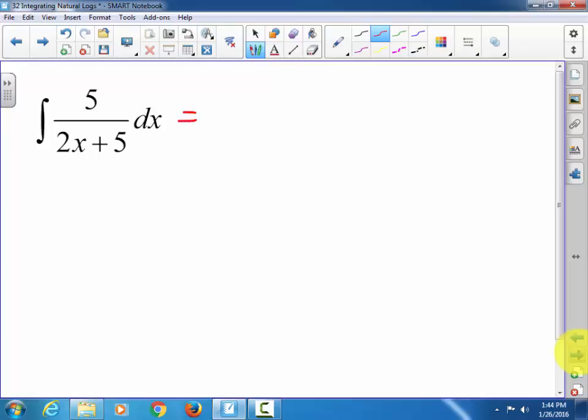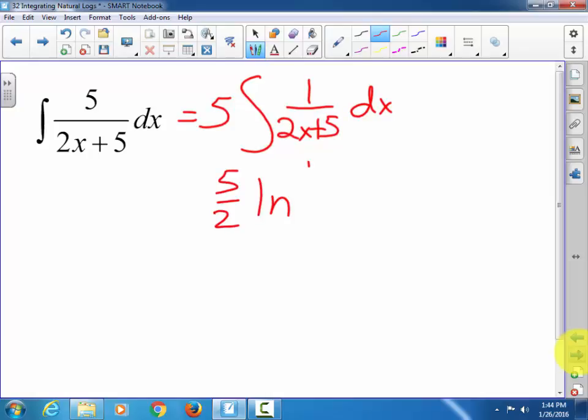What I would recommend doing for this, I'm going to pull the 5 out and integrate this. And if we do that, then we're going to wind up with 5/2 the ln of 2x plus 5. That's really what it's going to wind up being there.